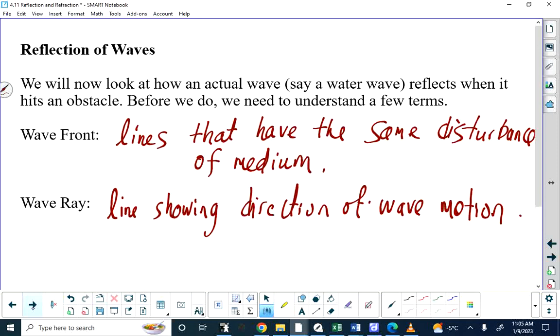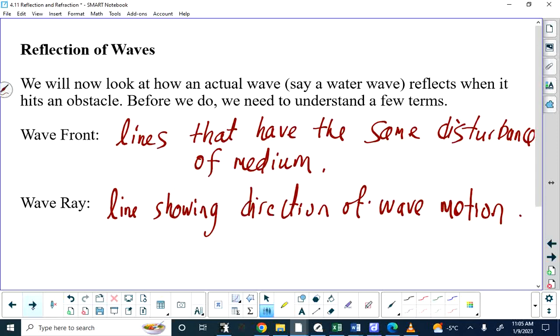What on earth does that mean? Well, there's a box beside these with an arrow to it, and we're going to add something else in that box to help us understand what's going on here. So first of all, a wave front is showing me what I would see. And I'm going to ask you to think of water waves when we talk about this.